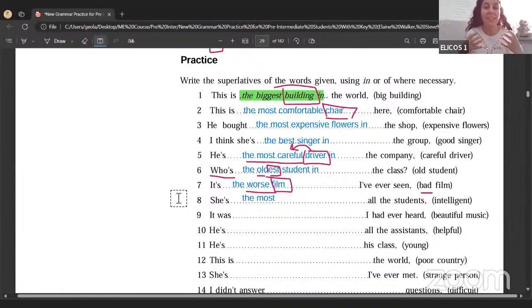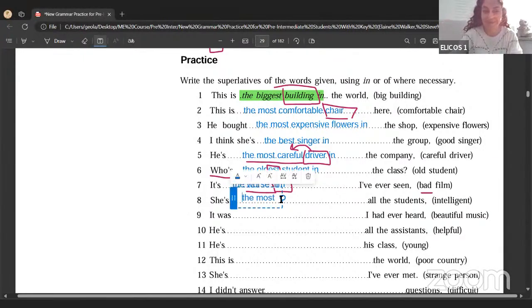So because I said it's the worst film, you know exactly which movie I am talking about because maybe we've just watched it on TV together. So that's why it's the. So we never say a when we compare, we say the because we're being very specific. We know exactly which student, which film, which driver, which singer, which flower. So we're very specific. We know exactly which one.